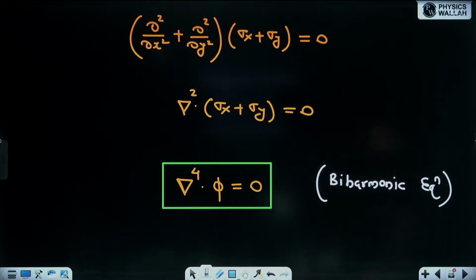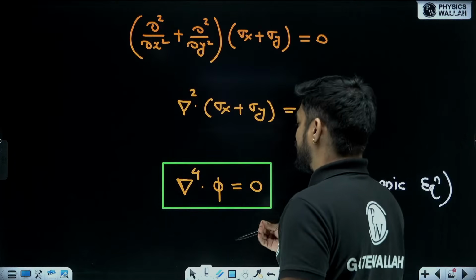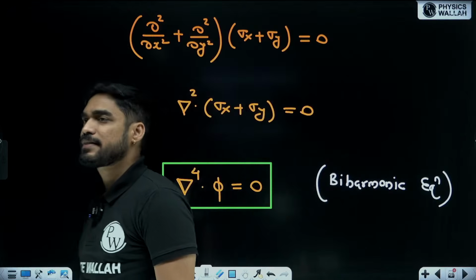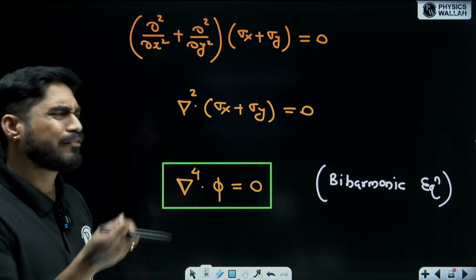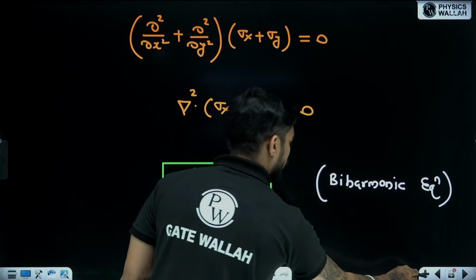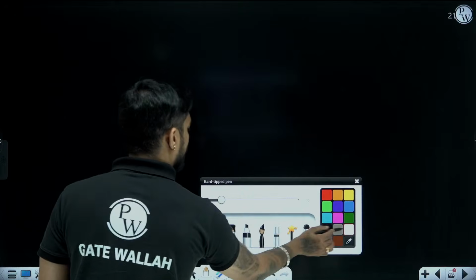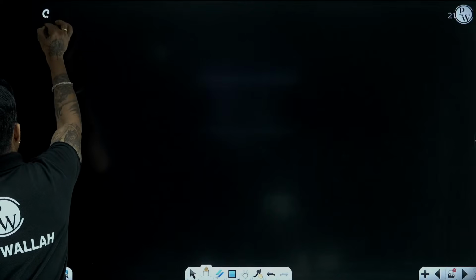So now let's understand how actually the equation of phi is chosen. We will take a simple example.